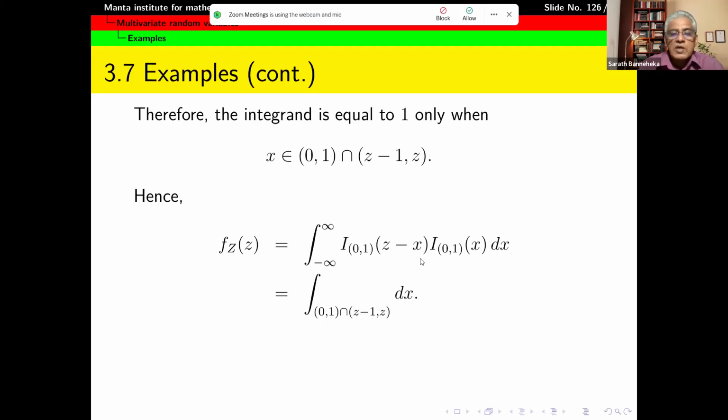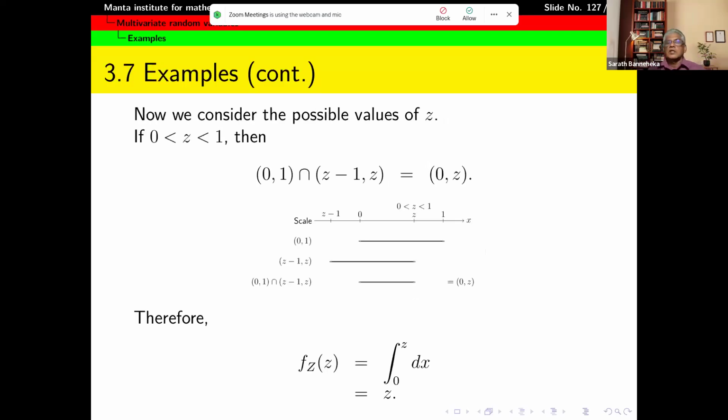So this integration I can write down as this one. The integration over the remaining part will of course be 0. So this becomes 1 on this interval, plus the integration of 0 over the whole other area. So this is what I am interested in now: the integration of just 1 over this subset.